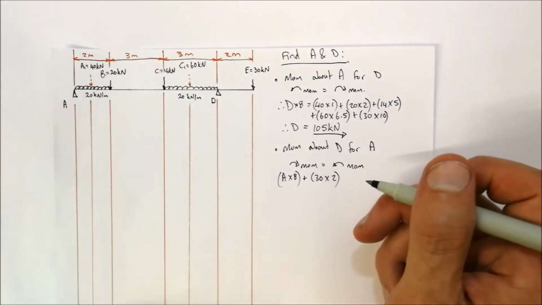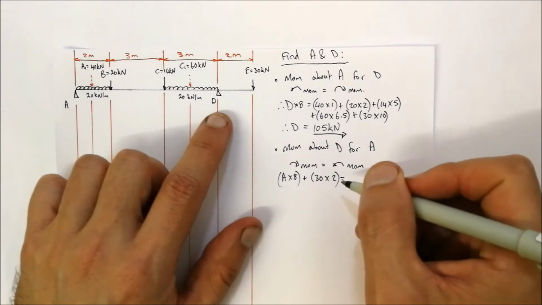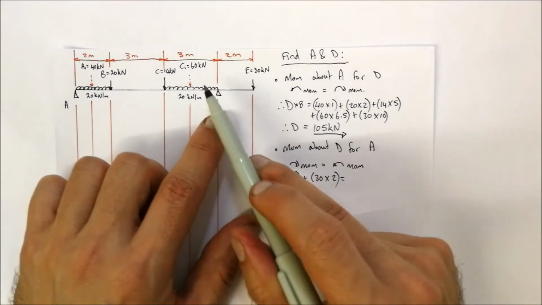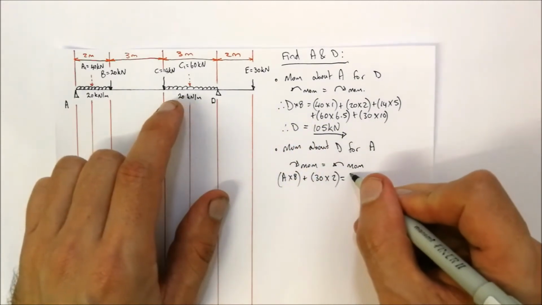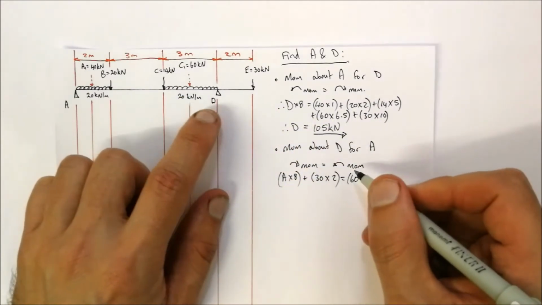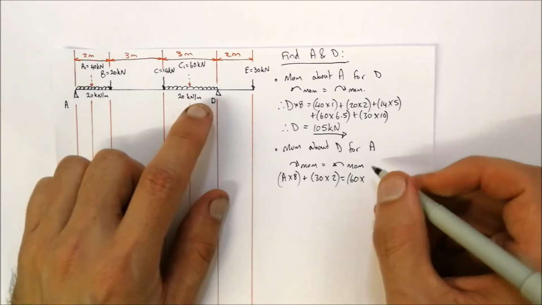Let's now start looking at the anti-clockwise moments around D. First we've got 60 kilonewtons, which is for the distributed load, and that is 1.5 meters away.